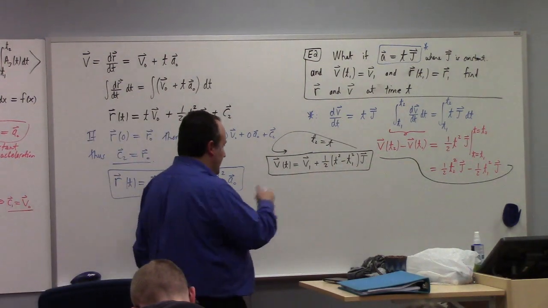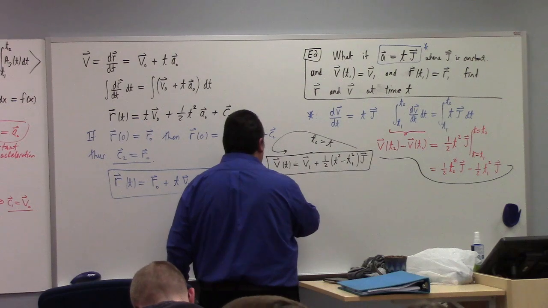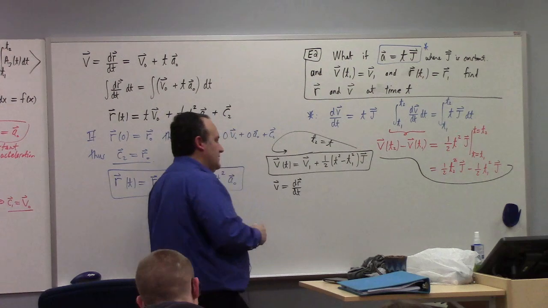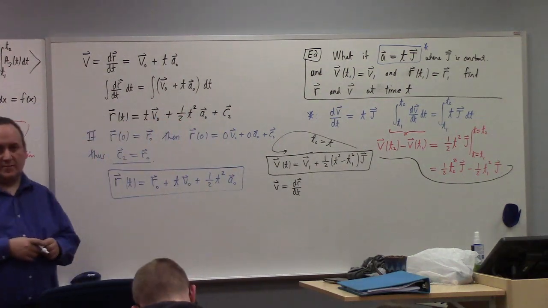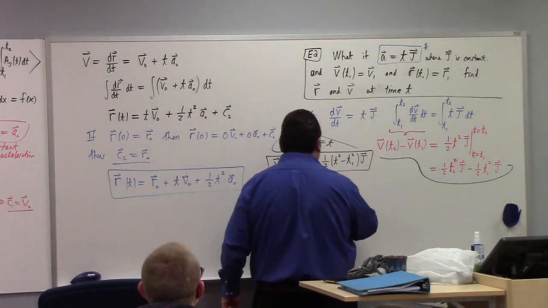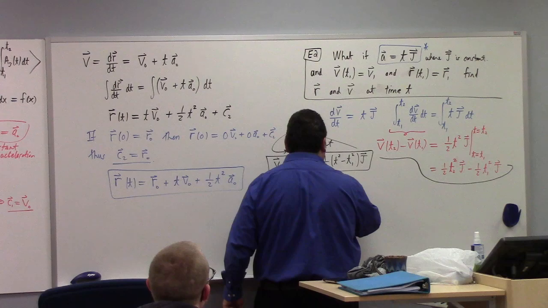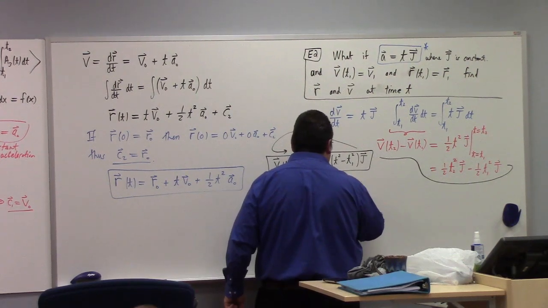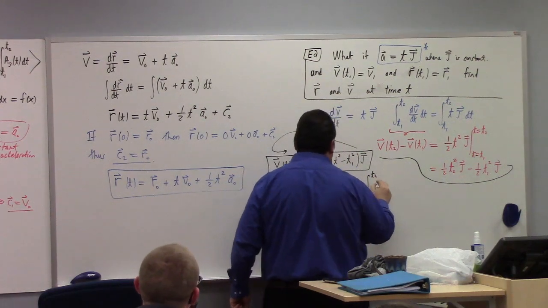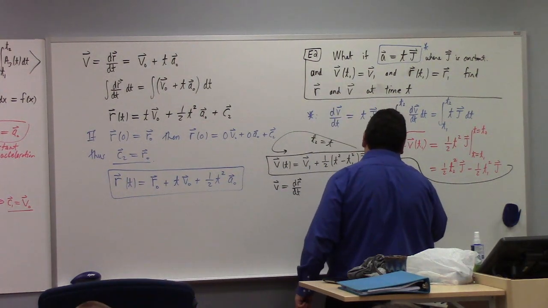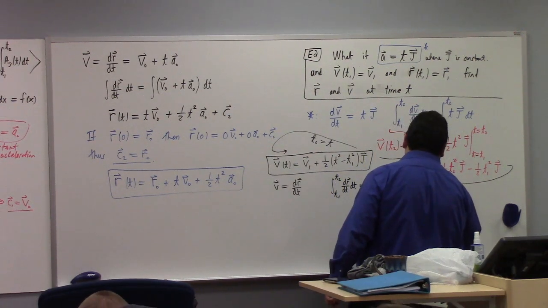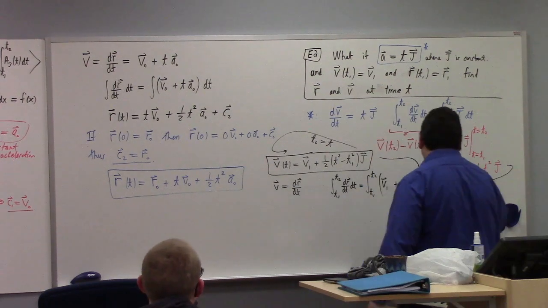So I've got that. Next up, I have v equal to dr/dt, and I want to integrate what I just boxed. I'm going to integrate it from time 1 to time 2. So I've got the integral from time 1 to time 2 of dr/dt dt equals the integral from time 1 to time 2 of v1 plus 1/2 (t squared minus t1 squared) j, close parentheses, dt.